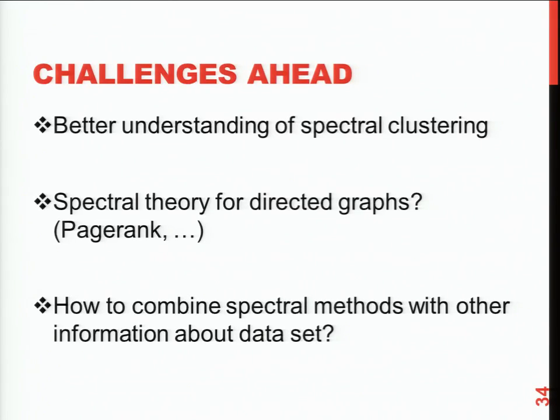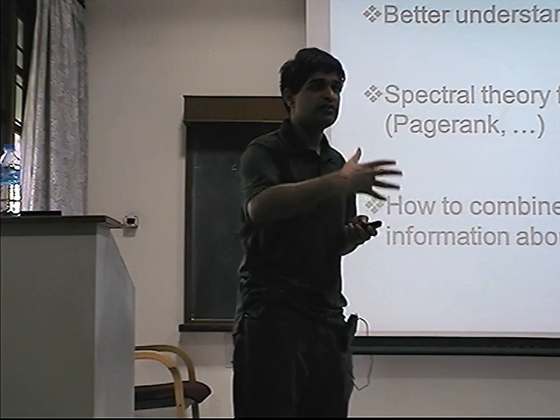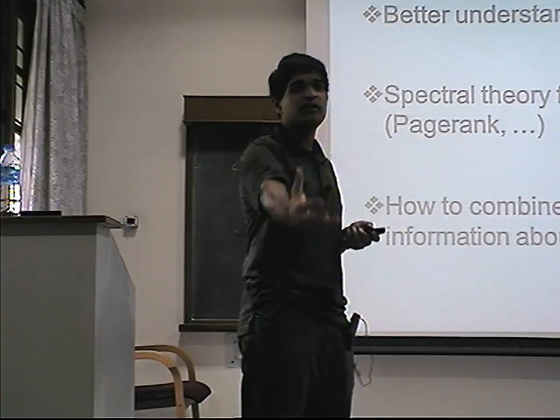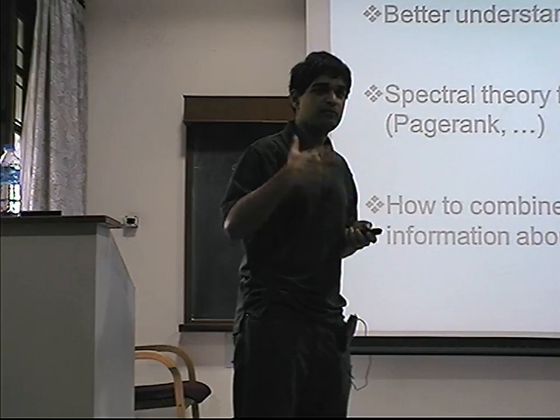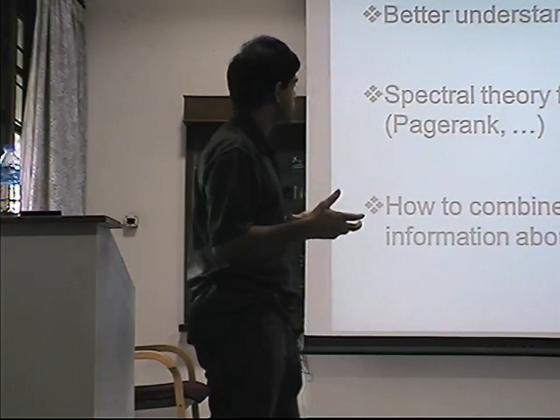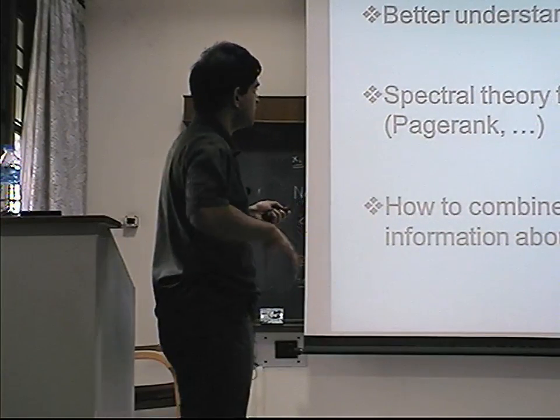For example, PageRank, which is one of the algorithms which drives Google, is essentially finding the first eigenvector, finding the stationary distribution of this graph. The stationary distribution means that if you are taking a random walk on the link graph, what is the distribution that you end up in? Okay, and so PageRank approximates that distribution.